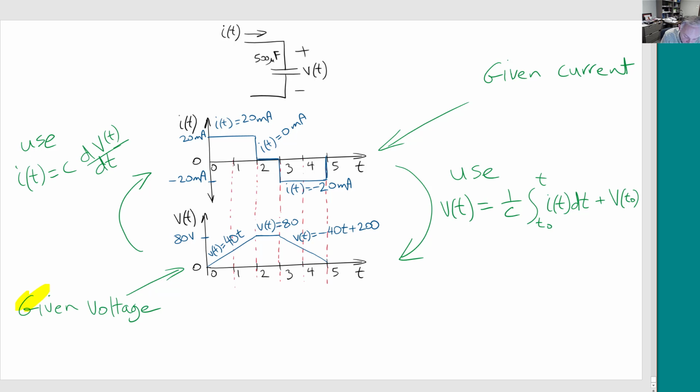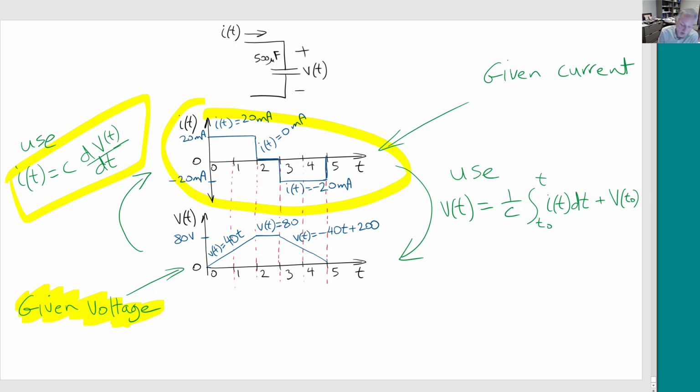If you are given the voltage waveform, you use the relation that we know, I is equal to C dV/dt. You have to work with the equations and relationships that you know. So you take the derivative of the voltage and multiply it by the capacitance.